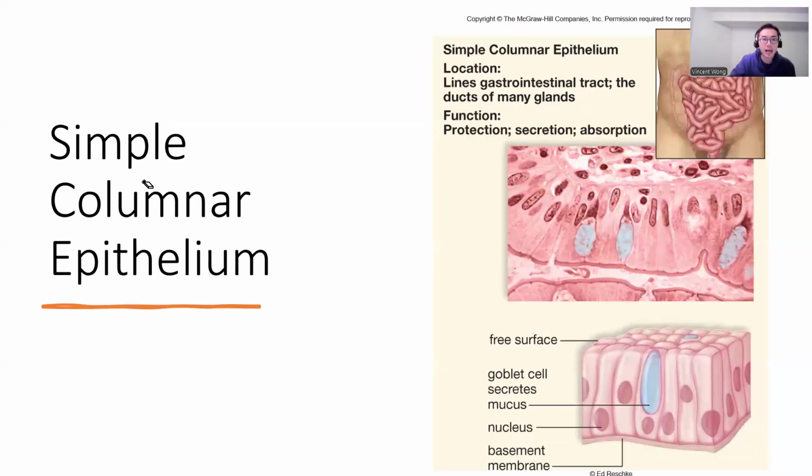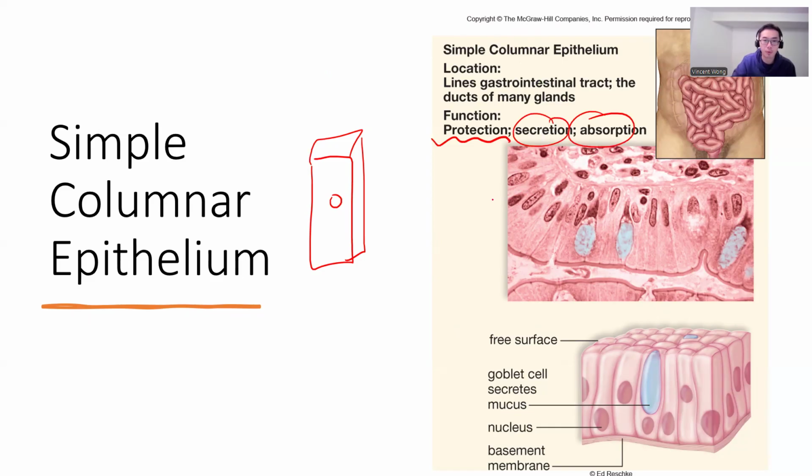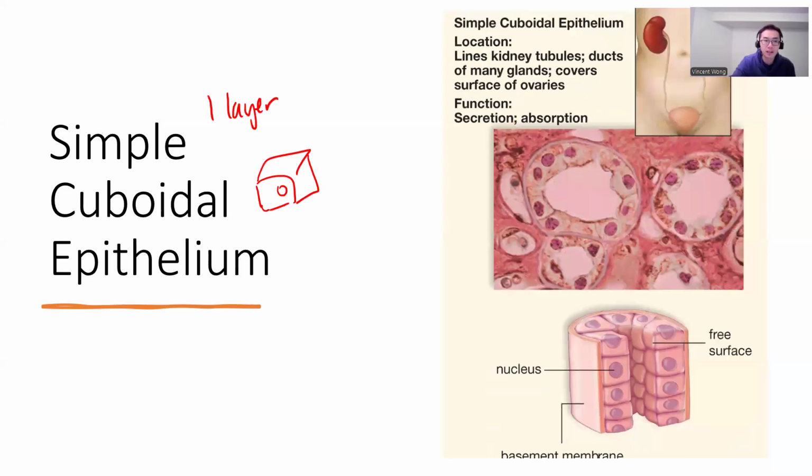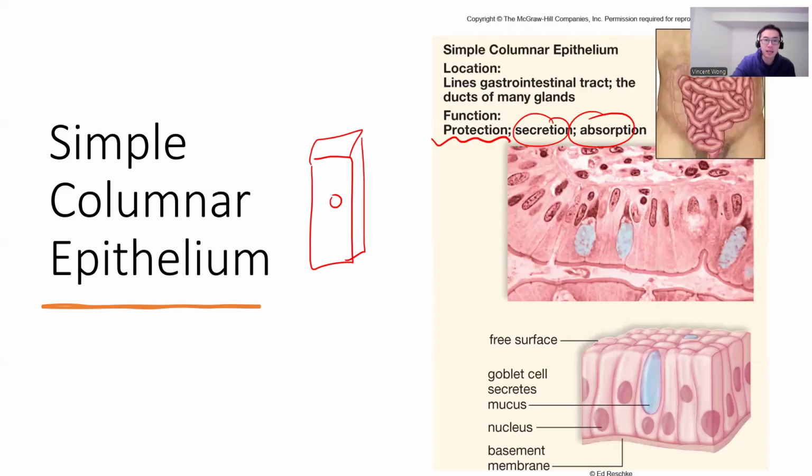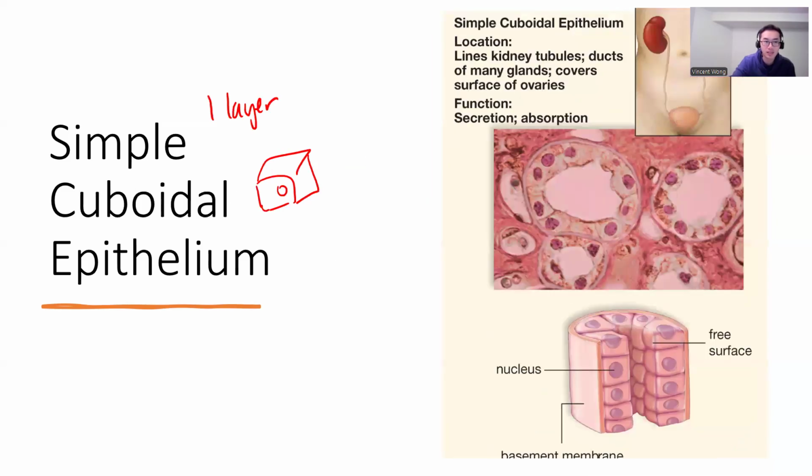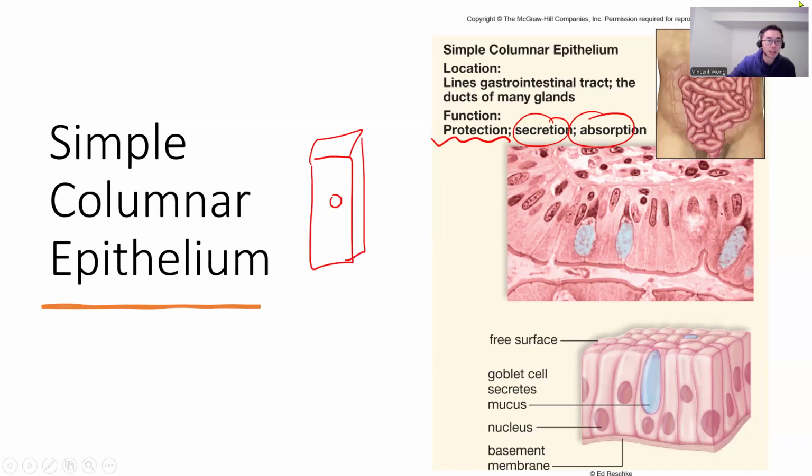Then here we have simple columnar, which are the bigger ones, also one layer. They are also for secretion and absorption, but they offer more protection since they are bigger. Again, you will find them in the GI tract as well as in the ducts in some cases. There are no stratified cuboidal or stratified columnar. Only single layer exists for cuboidal and columnar.